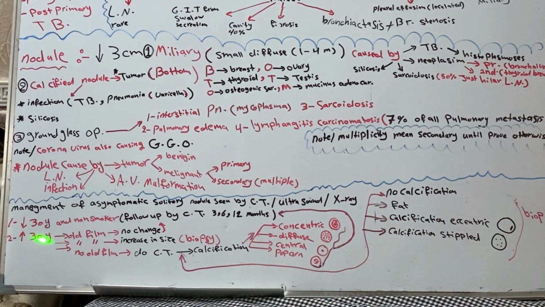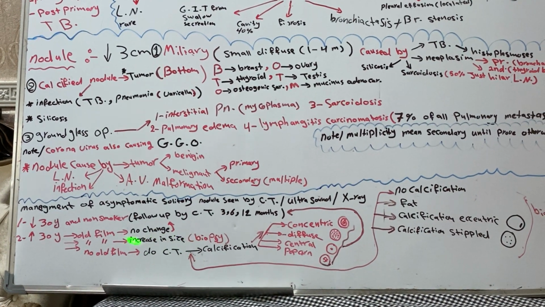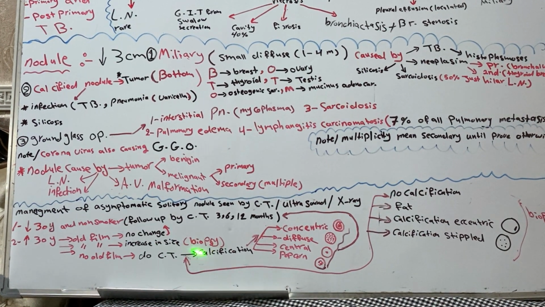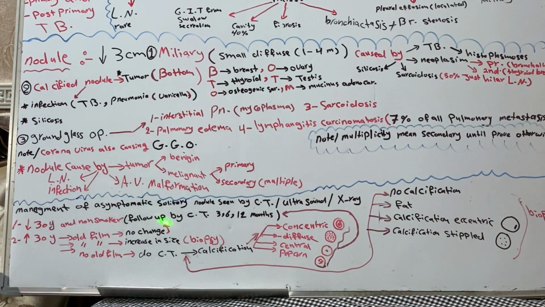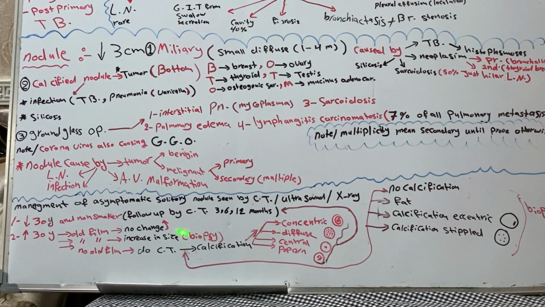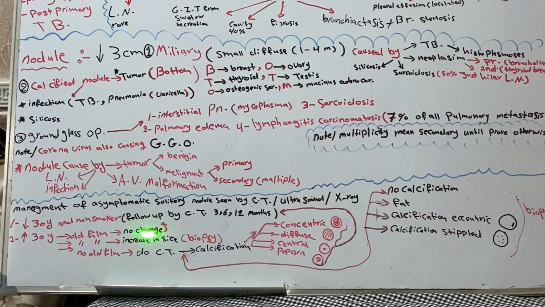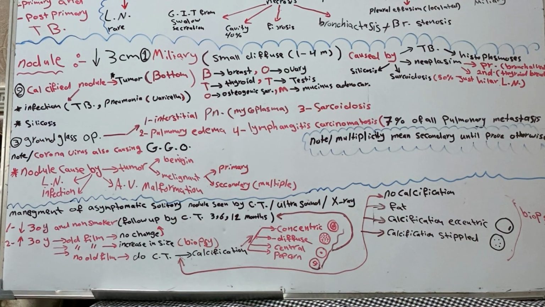If in the old film the nodule is increasing in size, do a biopsy. If the old film shows no change, follow up. If the nodule has increased in size at the present time, you should do a biopsy.